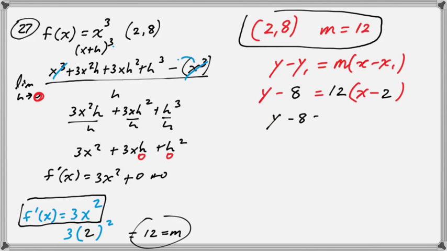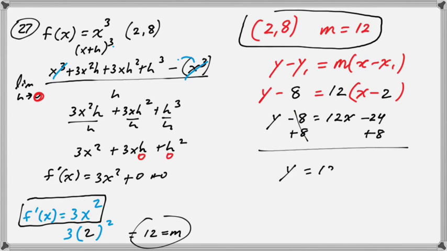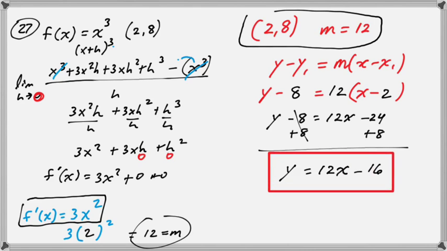So y minus 8 equals 12x minus 24. Add the 8. And I hopefully end up with y equals 12x minus, is it 16? And that should be the equation of the tangent line at that point.